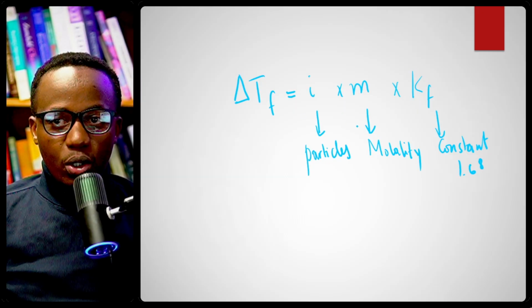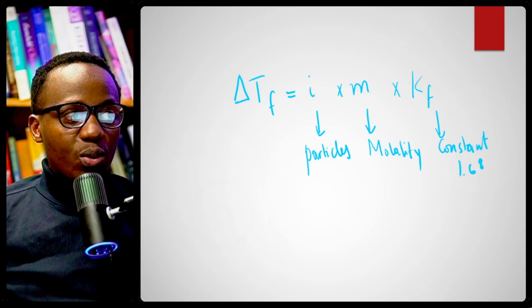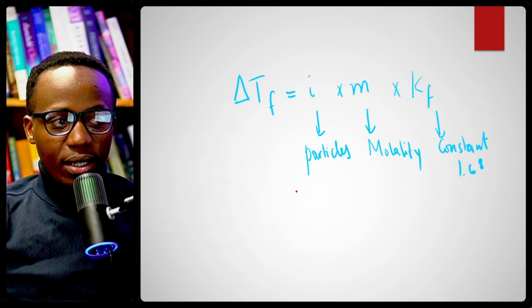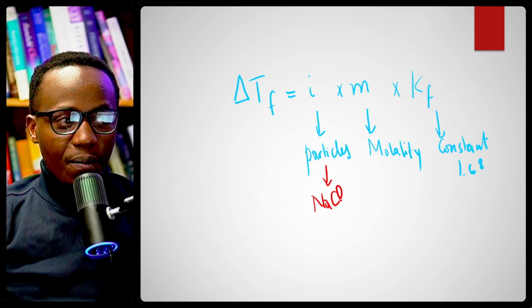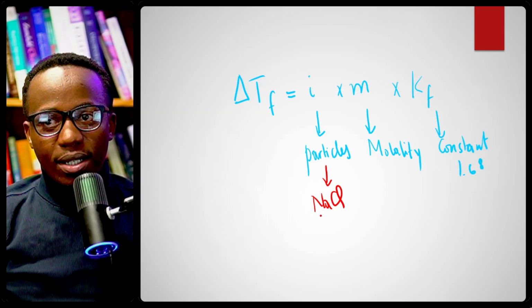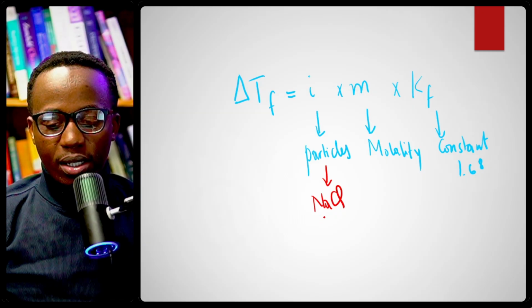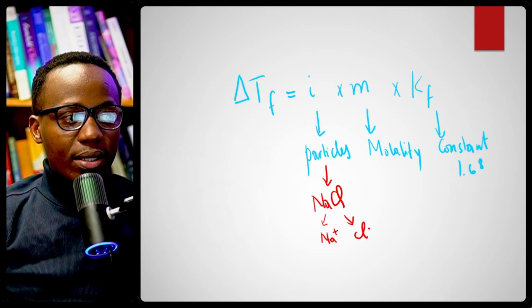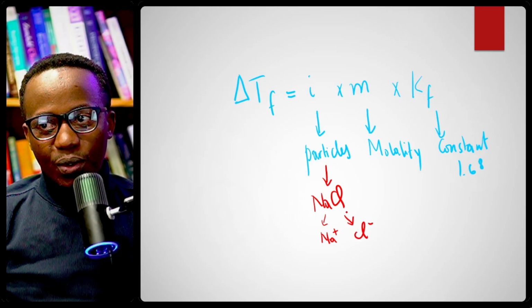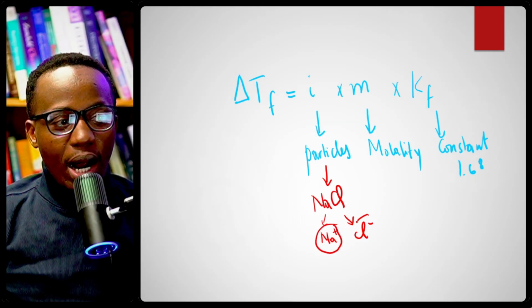And by the way, it's important to know what particles are, because guess what? If we have NaCl in a solution, NaCl is not going to stay together. It's going to separate into Na plus and Cl minus. So these are two particles.